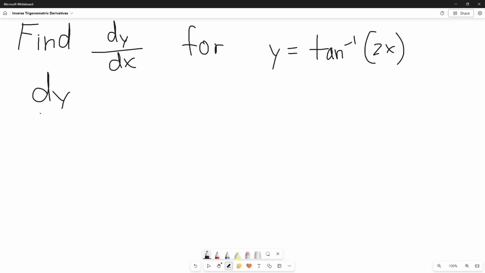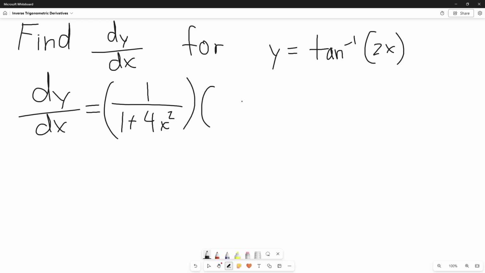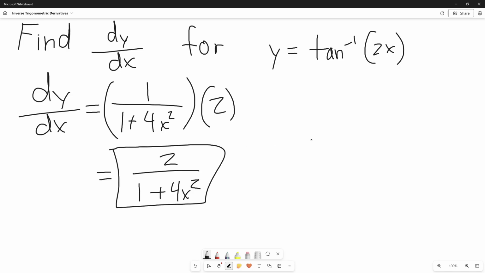So dy over dx is equal to, let's take the derivative of the outside first, 1 over 1 plus x squared, but it has to be 2x squared because we have to leave the inside unchanged. So 2x squared, and we can just rewrite that as 4x squared. And multiply this by the derivative of the inside, which is 2. And this is simply just 2 over 1 plus 4x squared. And that's our final answer.